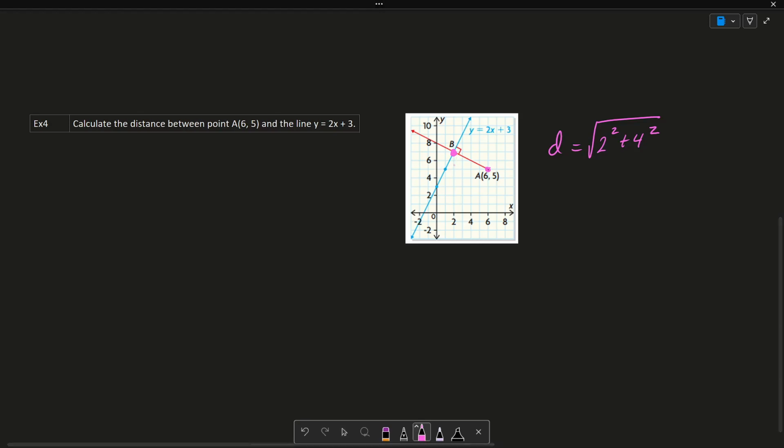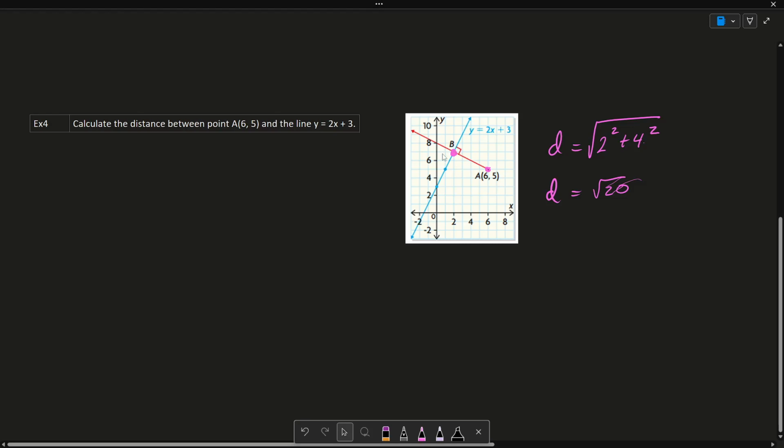So 2 squared plus 4 squared is 4 plus 16, or the square root of 20. Might be an answer, all right?